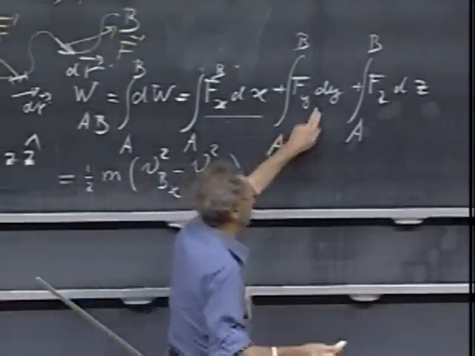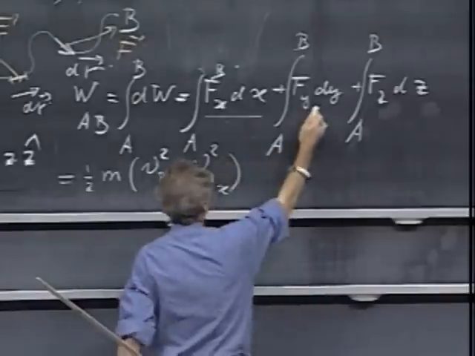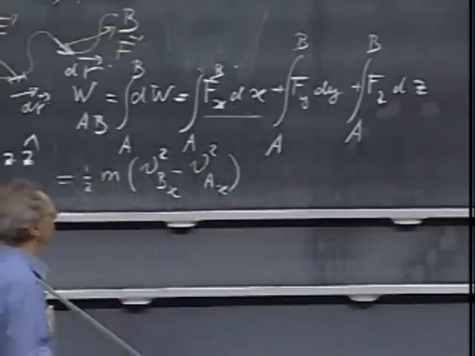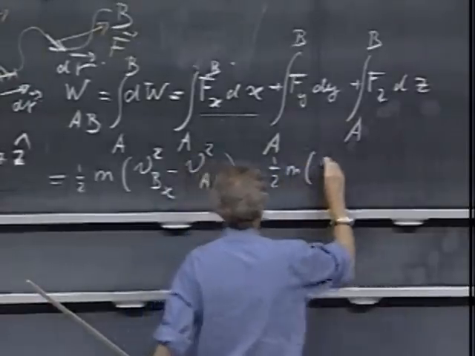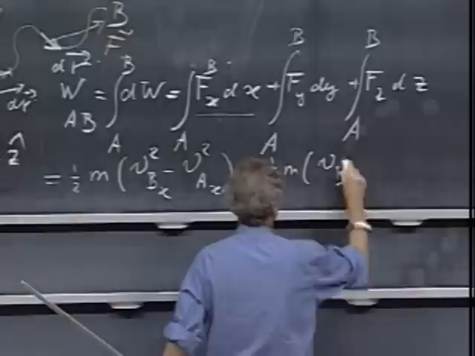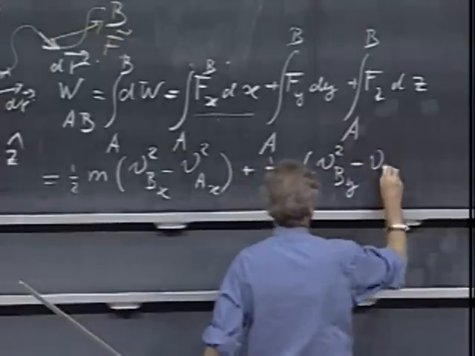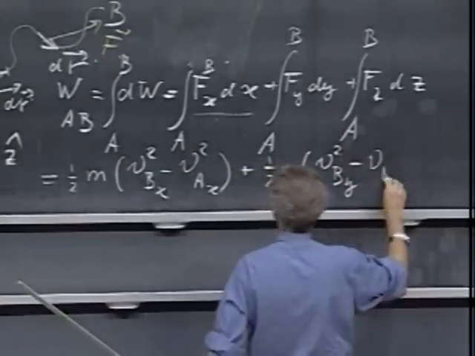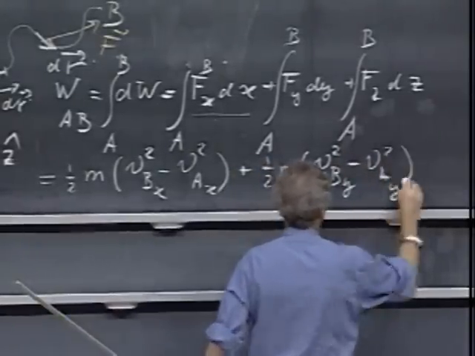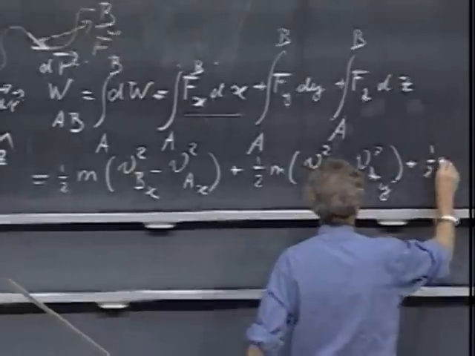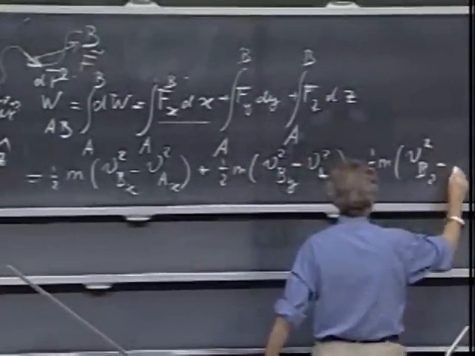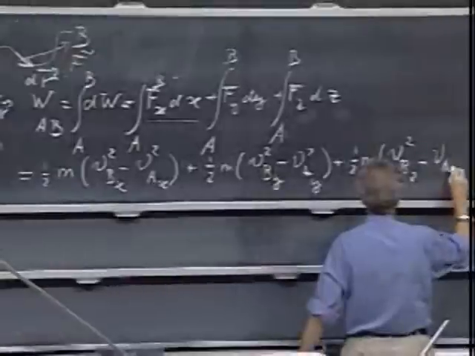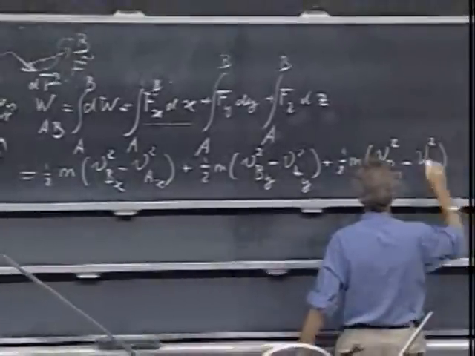This is also a one-dimensional problem now, except that now I deal with the y component of the velocity. So I get 1/2 m times vby squared minus vay squared plus 1/2 m vbz squared minus vaz squared.